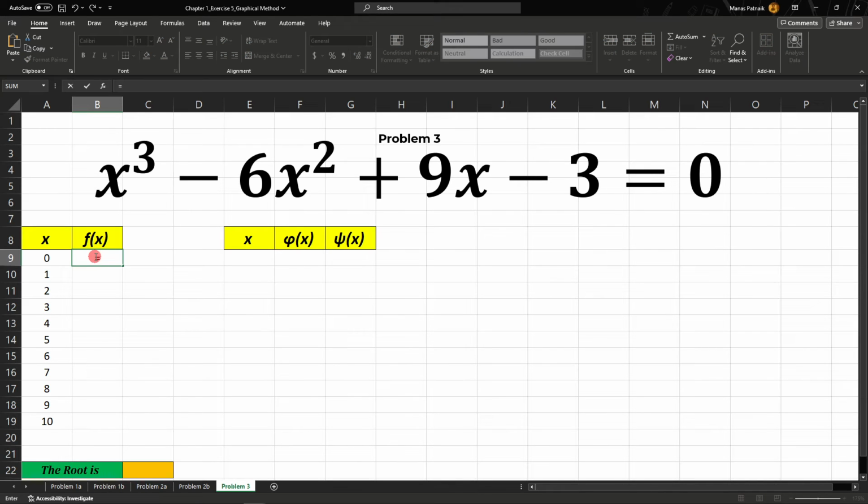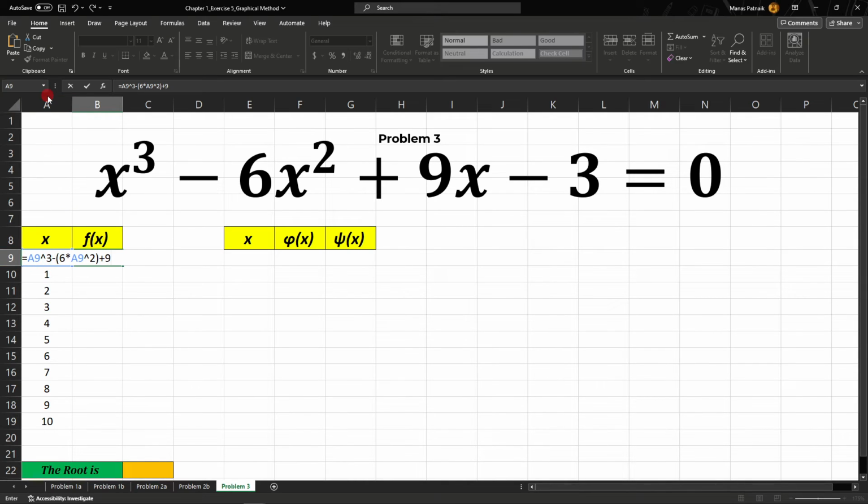Is equal to this is x. Choose this and its cube. Then you've got minus 6x square, minus bracket 6 multiplied by x square. Select this cell again, raise its power to 2, plus 9 into x.